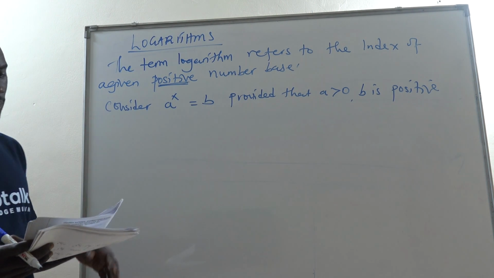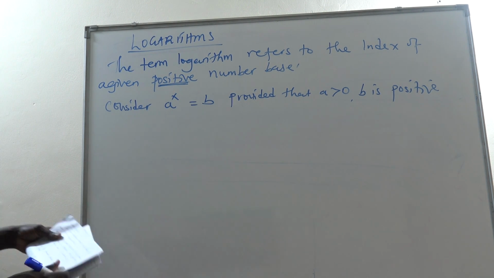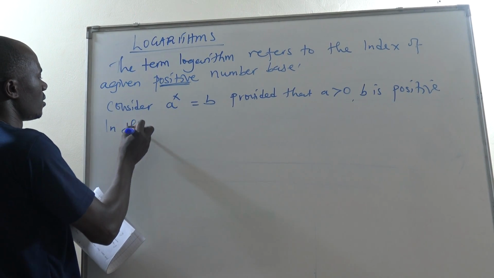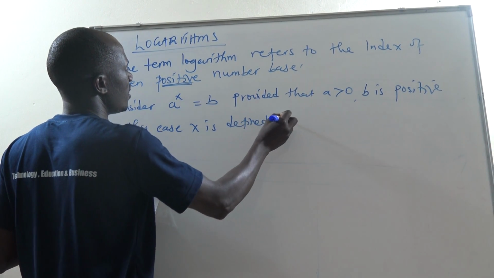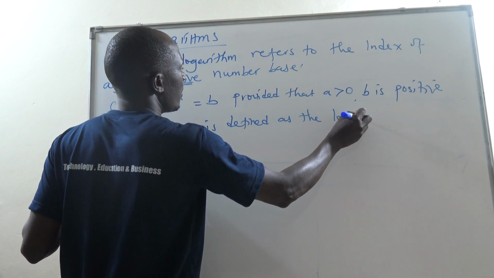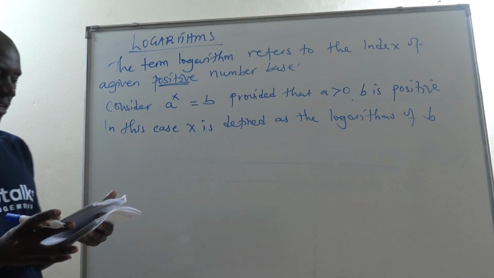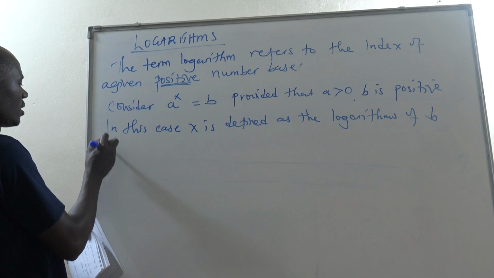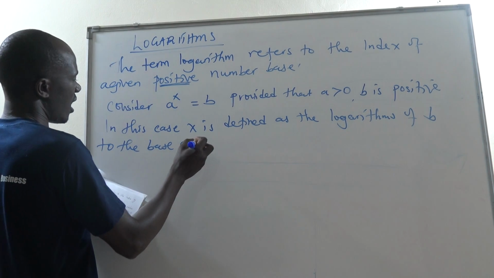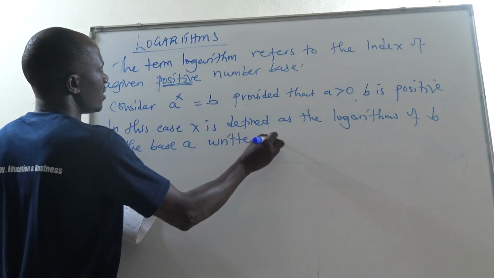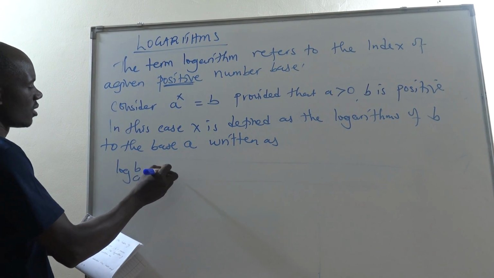So in this case, x is defined as the logarithm of b to the base a, written as log of b to base a equals x.